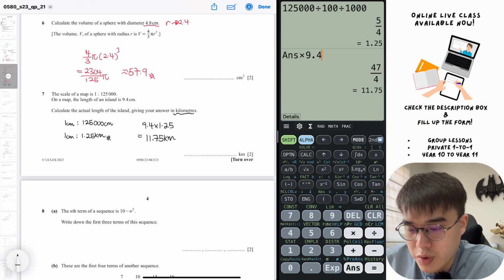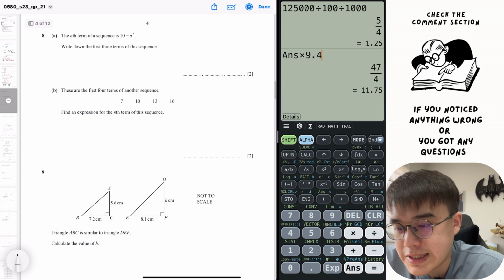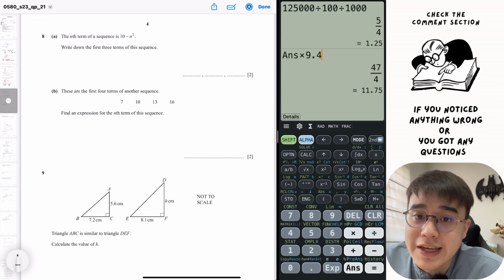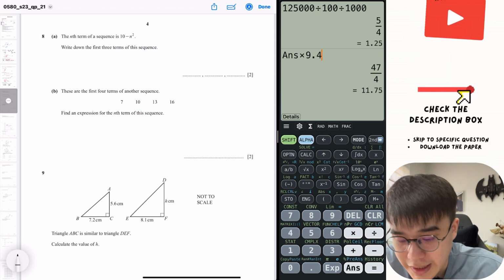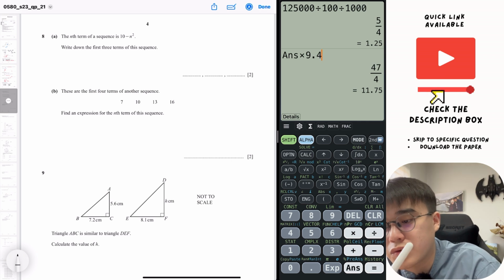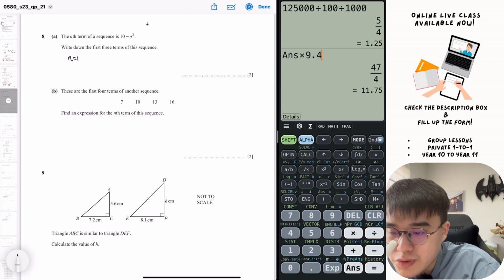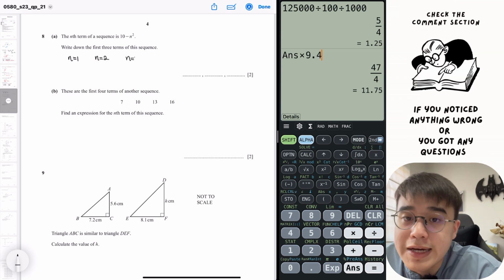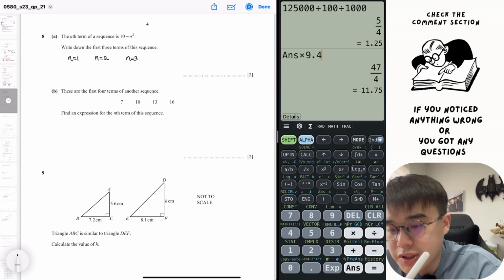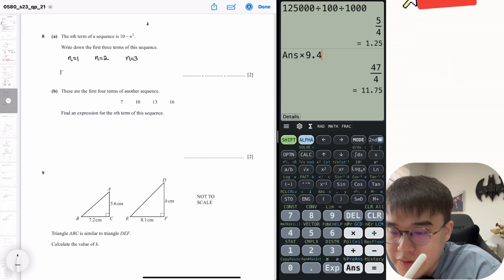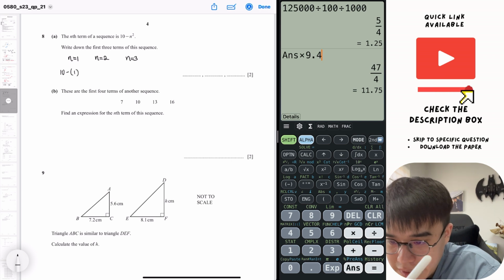So moving on to question 8, sequence. They're being nice here. They gave us everything that we possibly need. All you need to do is to note that the so-called first 3 terms here means when n equals 1, when n equals 2, and when n equals 3. The catch for this question is the negative doesn't belong to the n.